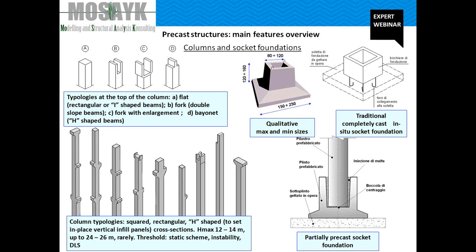Therefore, they are not usually aligned with the column, and this means that we need to add mass to the column. We have typologies of top of the column, flat and fork, and this will be really interesting in the next stage of modeling technique, and continuous column from the base to the top of the building.